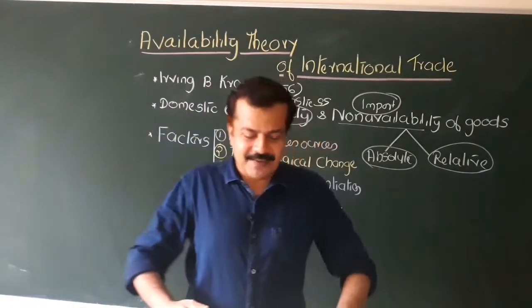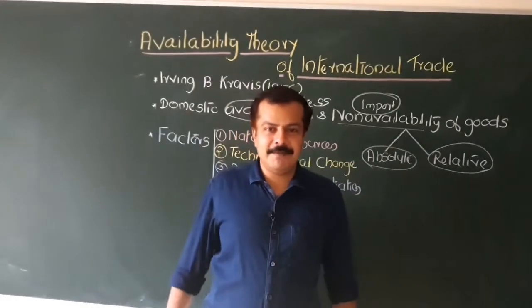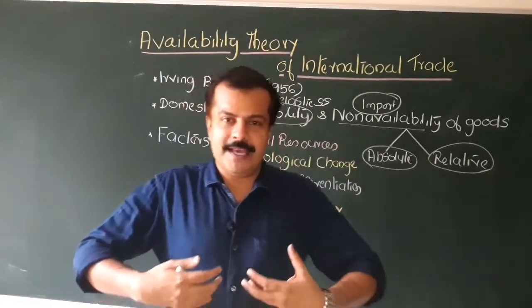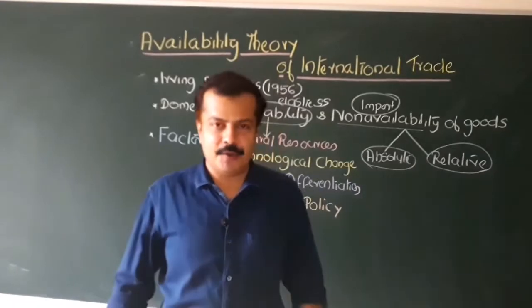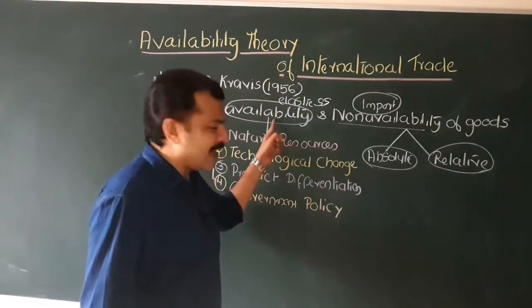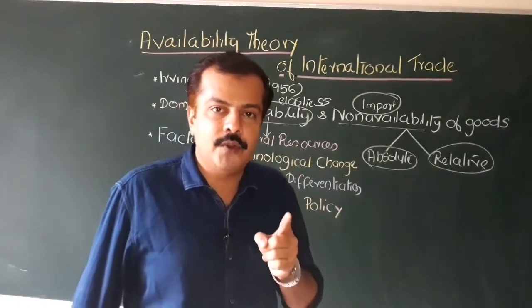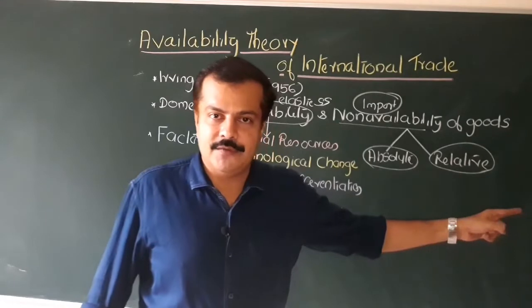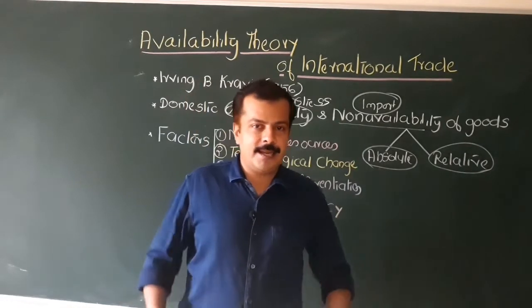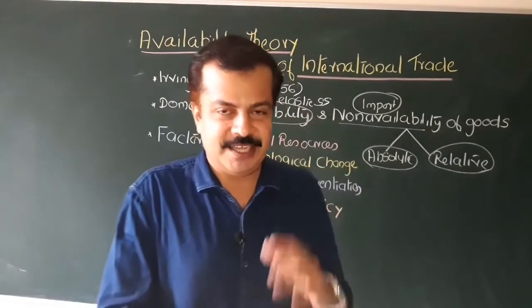Kravis' argument is that when there is technological progress, more goods will be possible, and those countries experiencing technological progress will have a larger availability of goods, and this larger availability will influence the pattern of trade, because with technical progress there will be the benefit of large scale production and specialization.